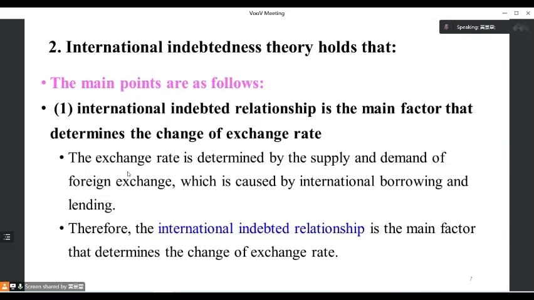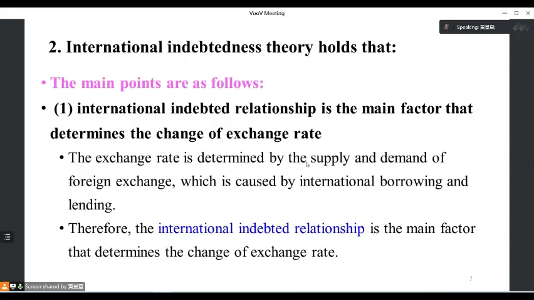The exchange rate is determined by the supply and demand of the foreign exchange, which is caused by the international borrowing and lending. Therefore, the international indebted relationship is the main factor that determines the change of exchange rate.